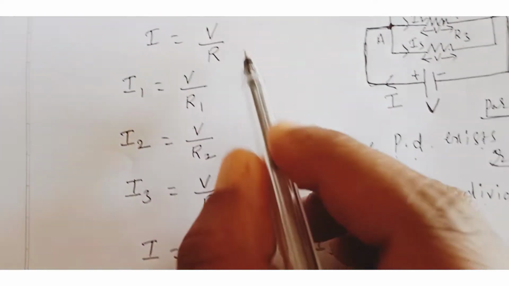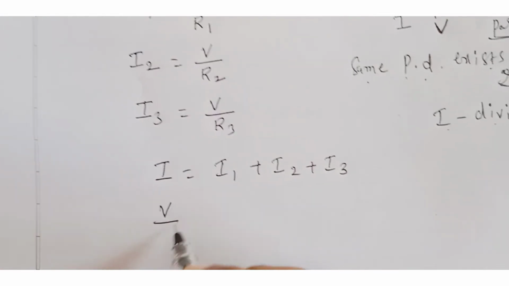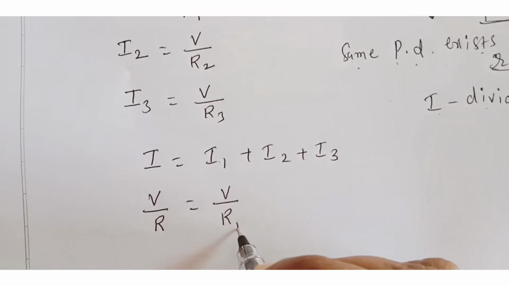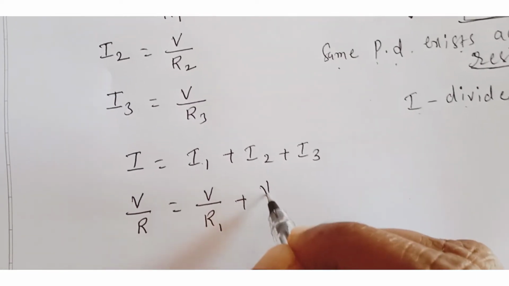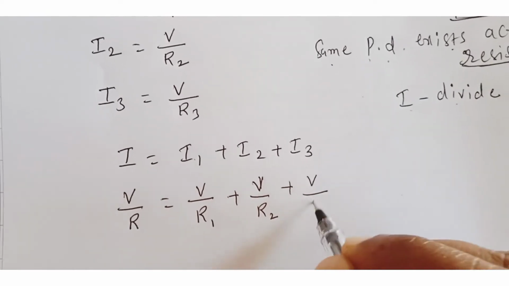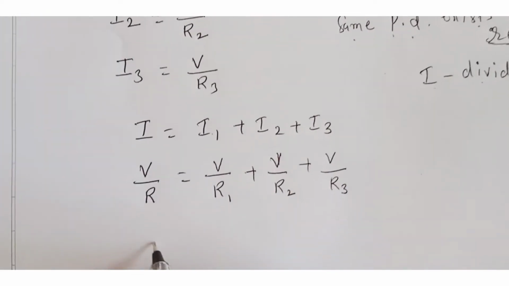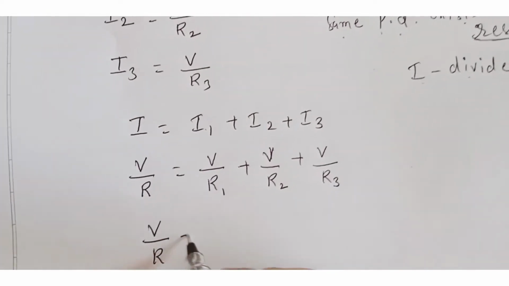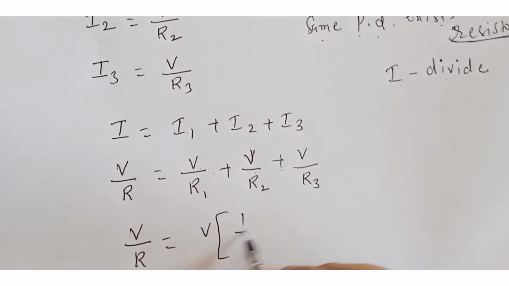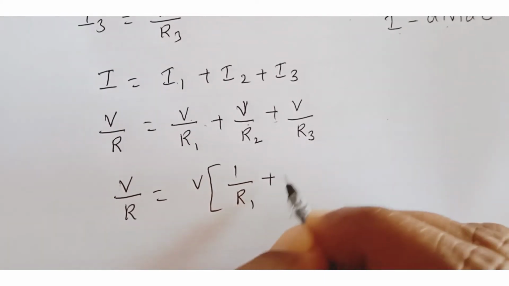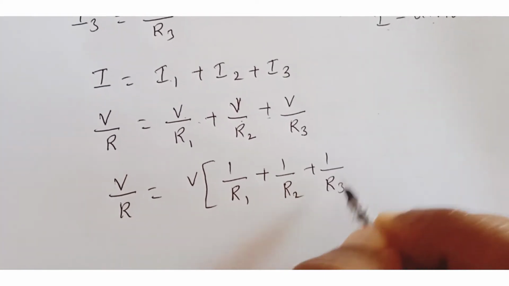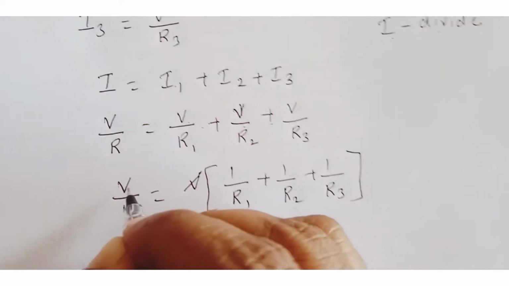Now we write I equal to V by R. Here I1 equal to V by R1, here V by R2, here V by R3. Now in these three terms V is common: 1 by R1 plus 1 by R2 plus 1 by R3. Then V gets cancelled.